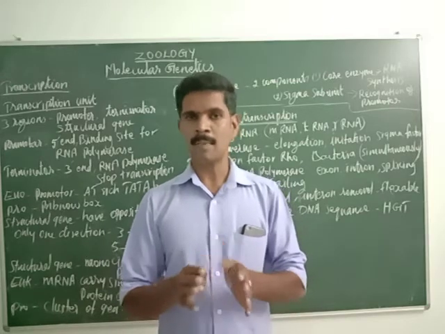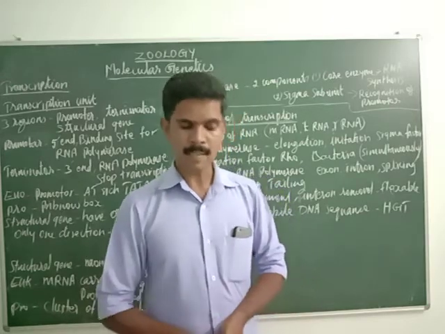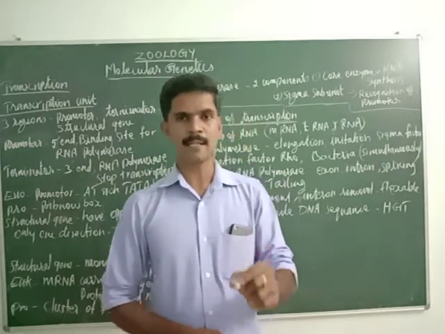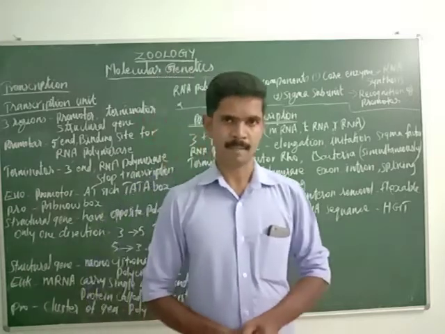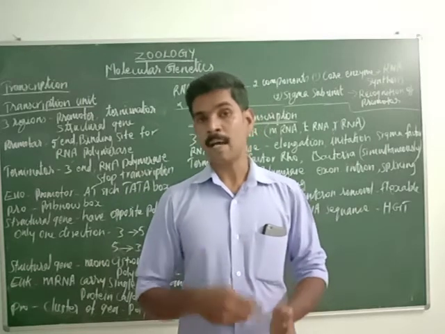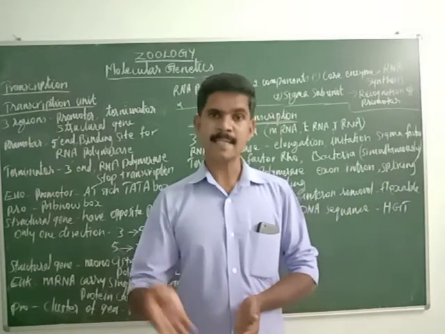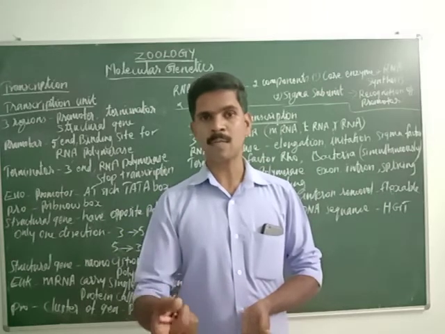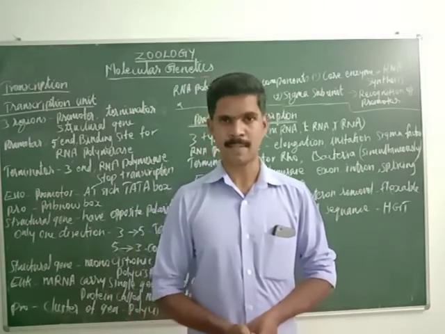It does not happen like that in a normal cell. But in bacterial cells, sometimes the transcription and translation processes take place simultaneously, and sometimes the translation process begins first, and only after that the transcription process takes place.